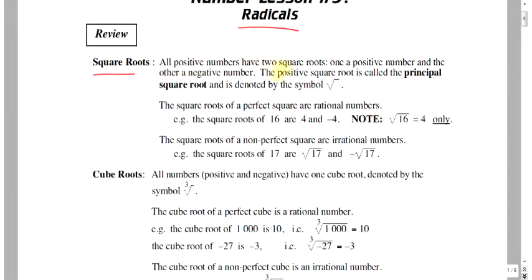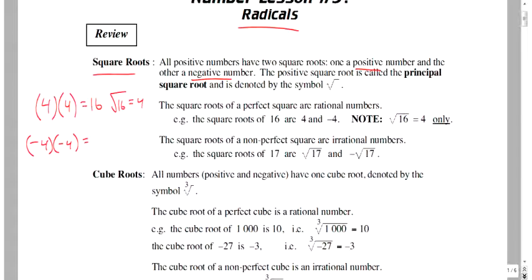All positive numbers have 2 square roots. One's a positive number and the other is a negative number. Remember, well, 4 times 4 is 16. Therefore, the square root of 16 is 4. But what's negative 4 times negative 4?